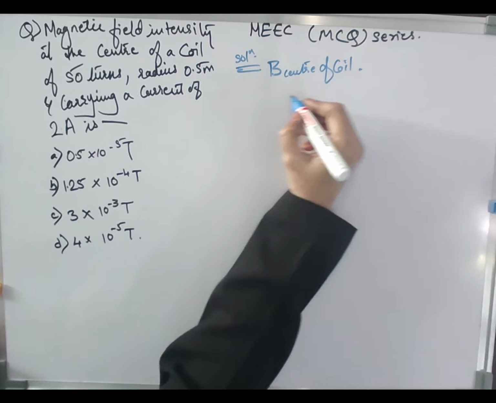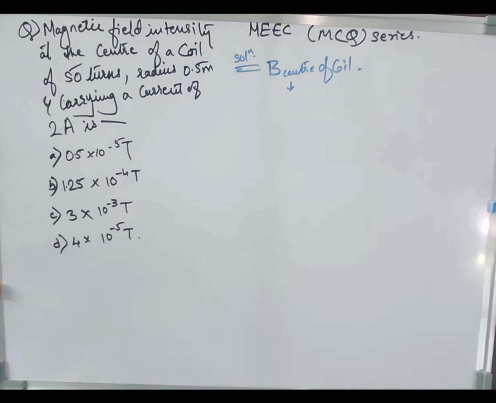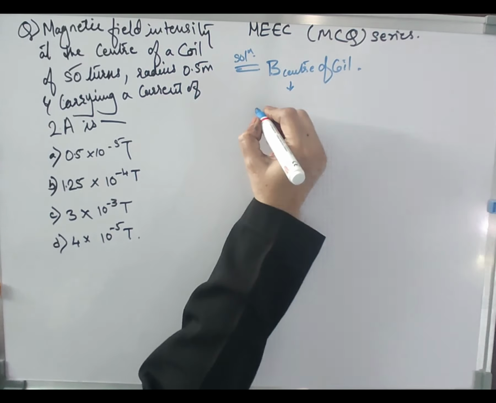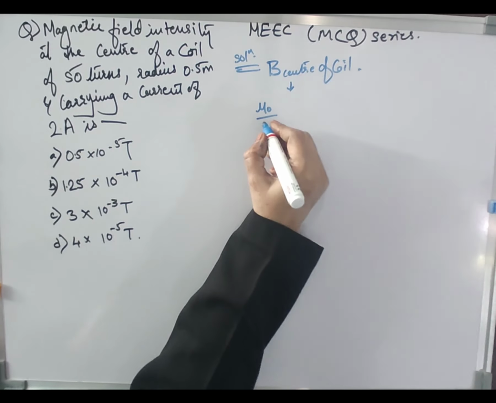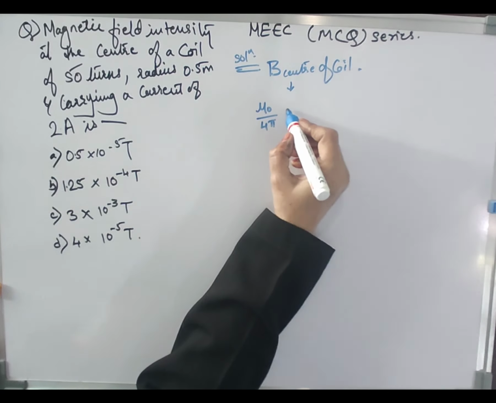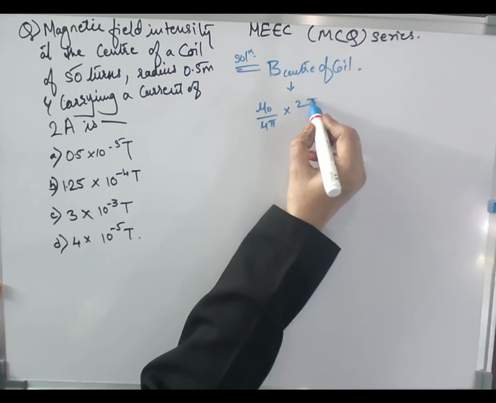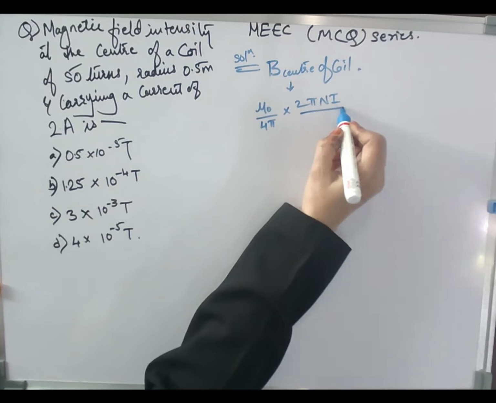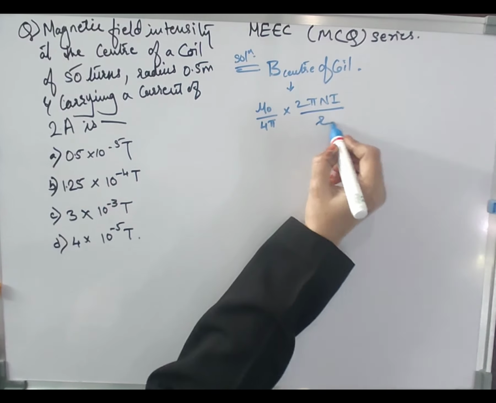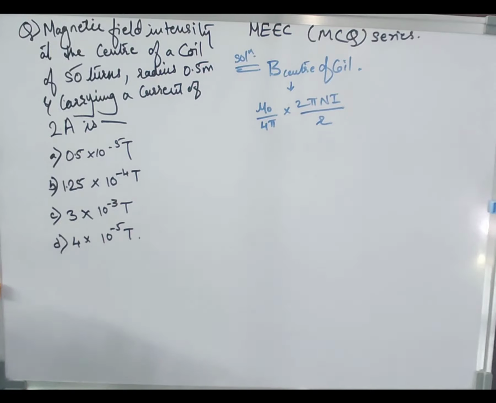So what is the formula for B at the center of the coil? We have done these things in my previous videos also. Mu naught upon 4 pi into 2 pi Ni upon R. N means number of turns, I stands for current, and R stands for radius. Everything is very well defined.